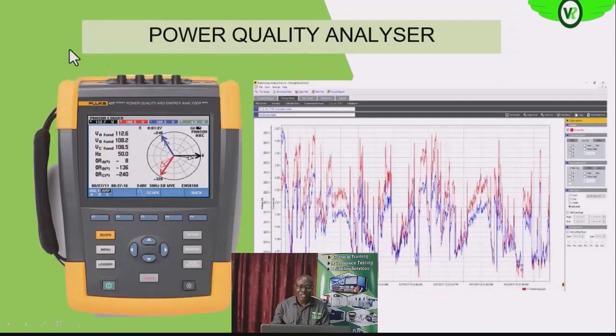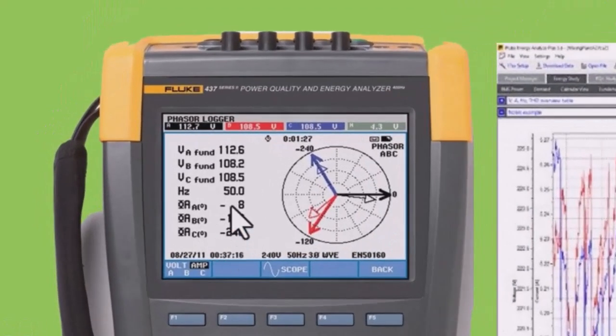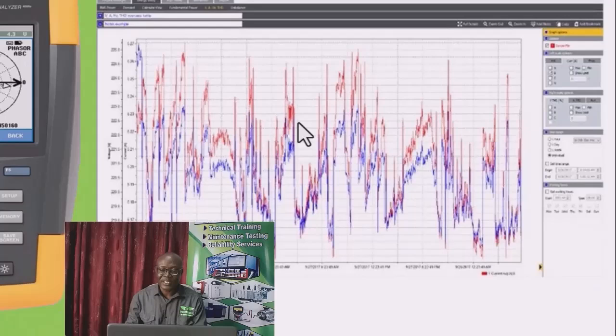So this is what the analyzer looks like. You see that you have the voltage and the phase information as we saw earlier, and the phasor diagram. So this is the waveform, current and voltage waveform.